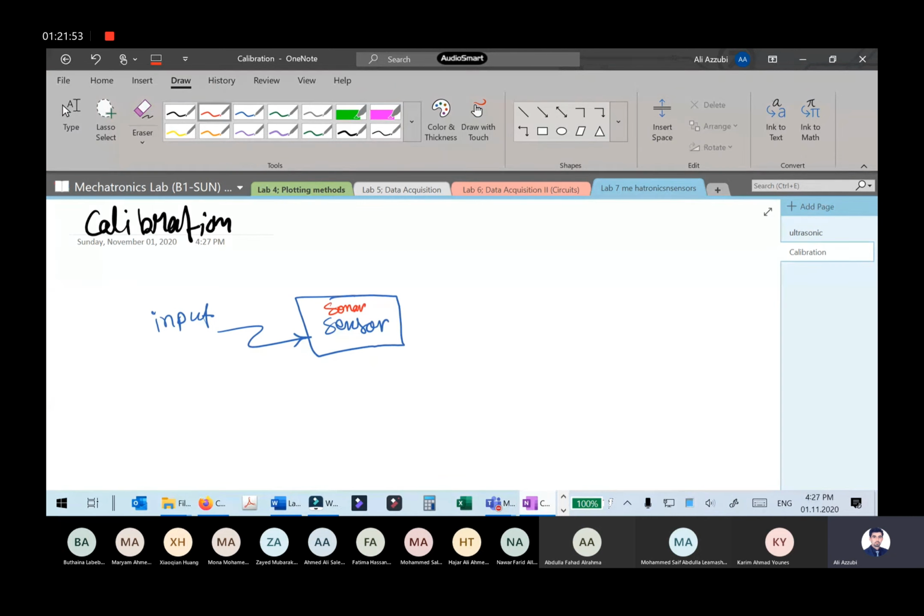The input is always the physical variable that I want to measure, which is distance, d. And in response, it gives me what? Now I'm considering sensor plus circuitry in this case. The circuit has already amplified, conditioned, filtered, and gave me voltage.